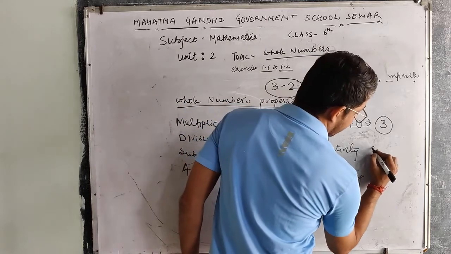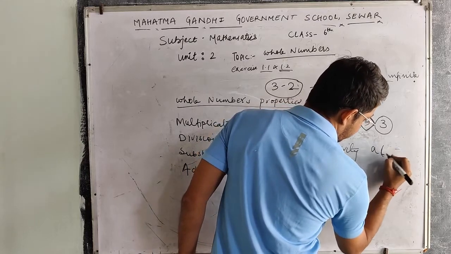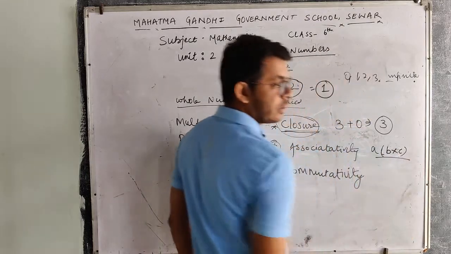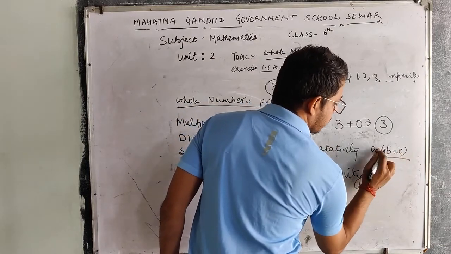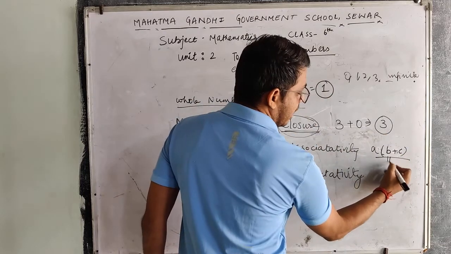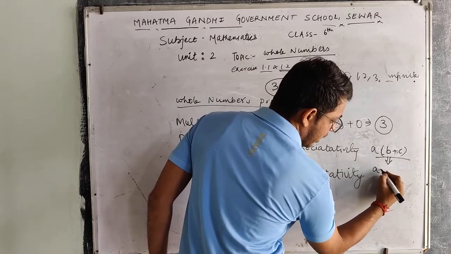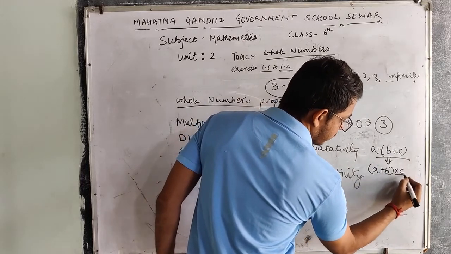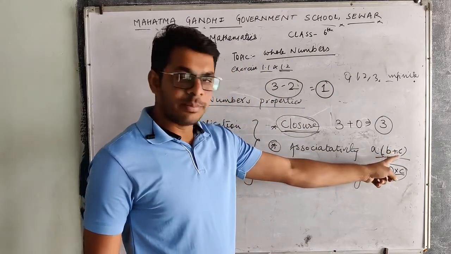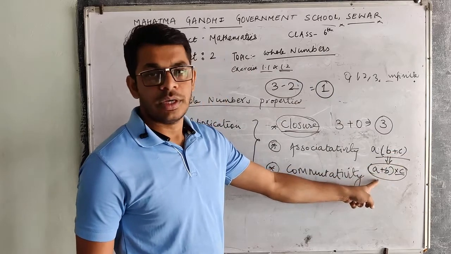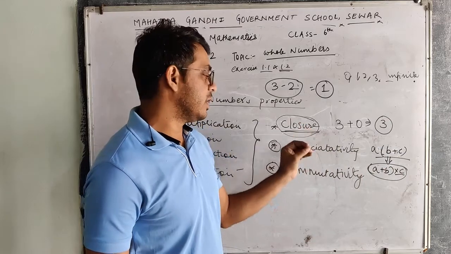Like that, if I write A into B into C, and I change the position, A into B plus C, then if the result of A bracket B plus C is equal to A plus B into C, then the operation is associative.